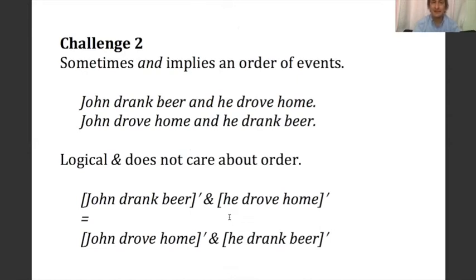Okay, challenge number 2. Sometimes the English word and implies an order of events. In Japan, the sentence "John drank beer and he drove home" strongly suggests that John broke the law. The sentence "John drove home and he drank beer," on the other hand, suggests that John was being responsible.